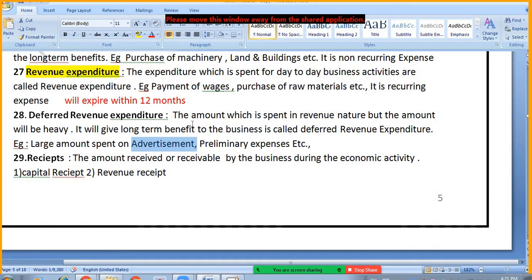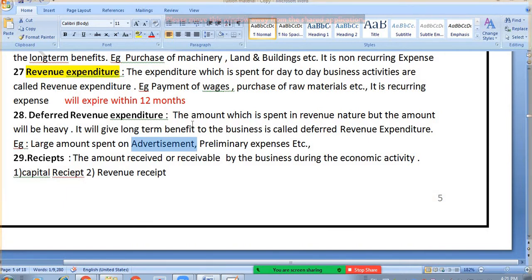So this type of expenditure can be considered as a deferred revenue expenditure. So a large amount of money spent on advertisement is considered as deferred revenue expenditure.